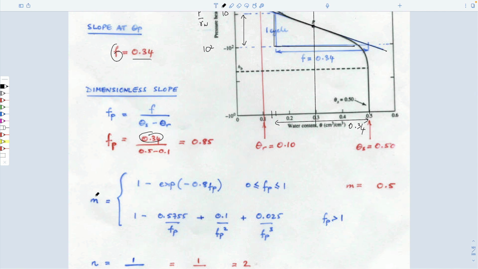And then to get m from the value of this coefficient, it depends on whether it's between 0 and 1 or greater than 1. Obviously this is between 0 and 1. So if we plug this value of 0.85 into here and take the exponential of it, we get a value of m which is equal to 0.5.